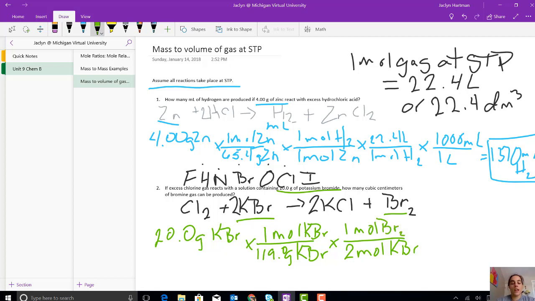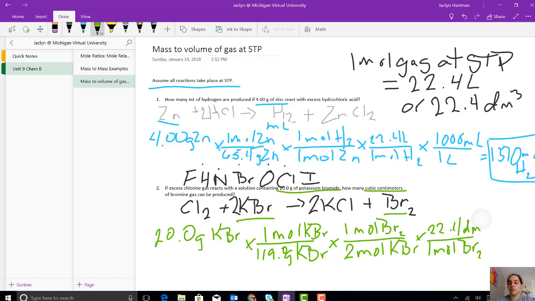And now again, I have to check what units I need that bromine to be in. I need it to be cubic centimeters, or centimeters cubed. Centimeters cubed is the same thing as milliliter. So I'm going to do my moles to volume conversion again at STP. 1 mole of any gas is 22.4.